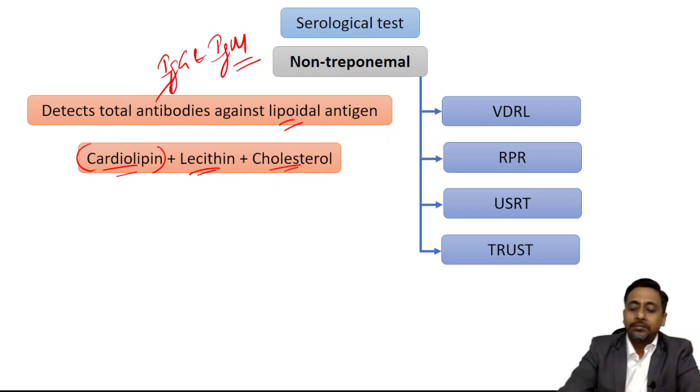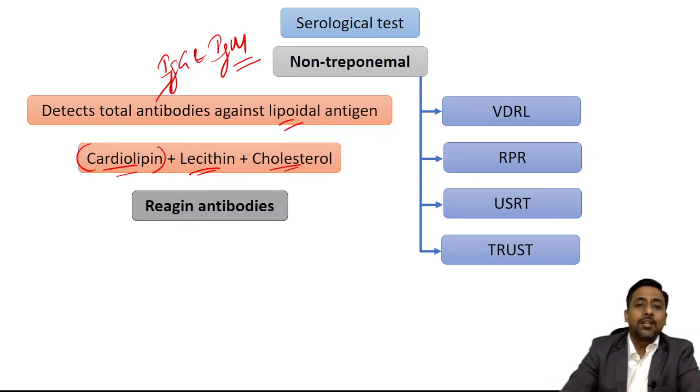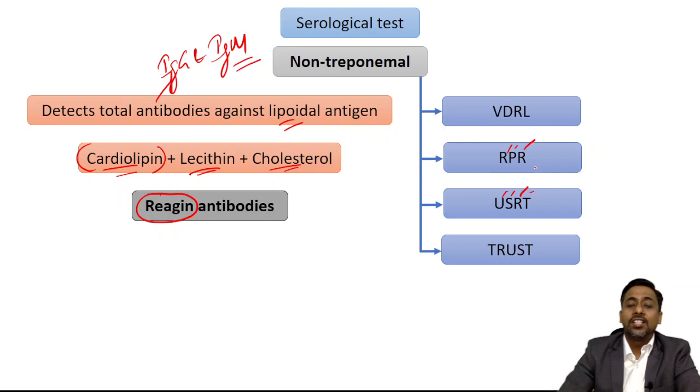The antibody which is detected against this antigen is known as reagin antibody. So you can see this reagin in the names: rapid plasma reagin, unheated serum reagin test. So this reagin is basically an antibody. Don't confuse this reagin with the IgE antibody. This is not IgE; this is IgG or IgM.